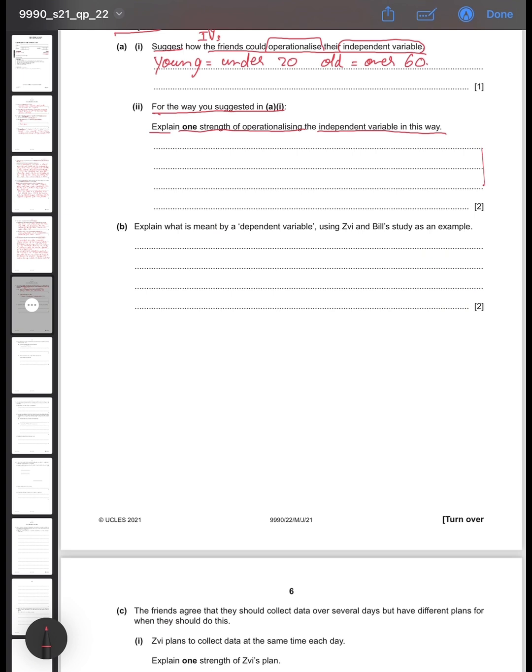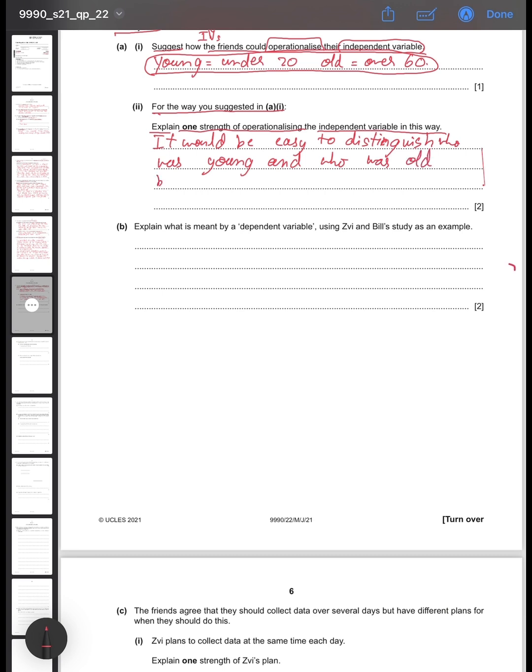So if they are operationalizing the independent variable in this way, the way we have suggested above, it can be a strength because it would be easy to distinguish who was young and who was old, because these categories are very different.